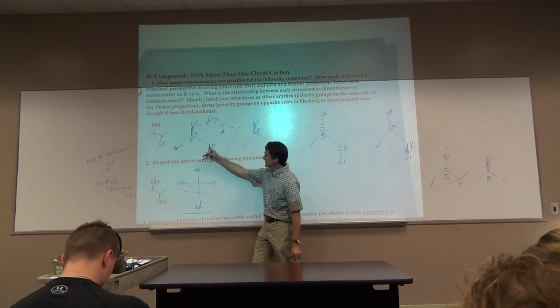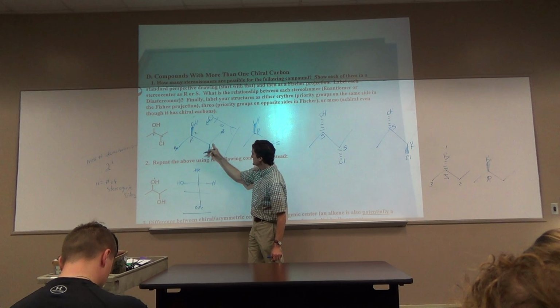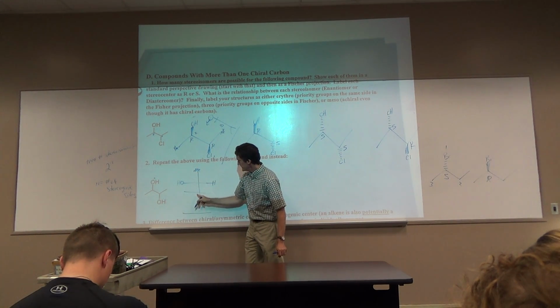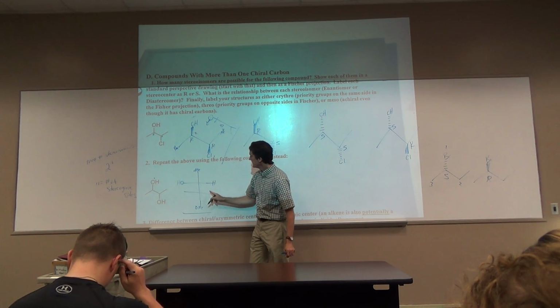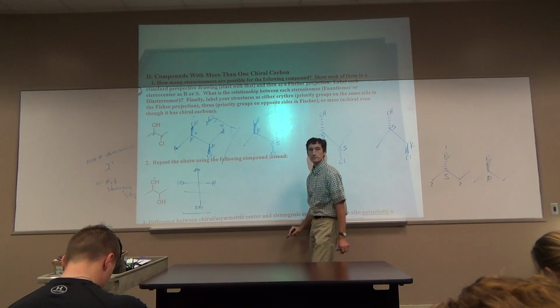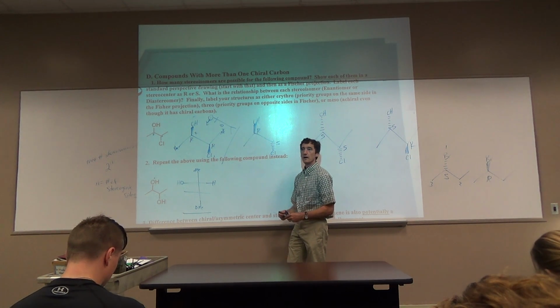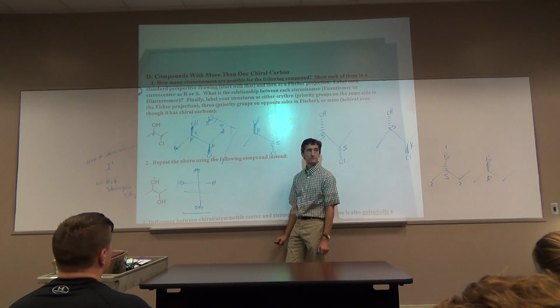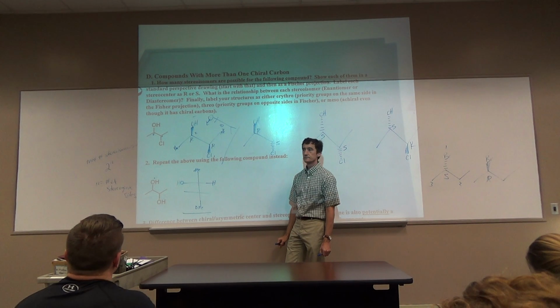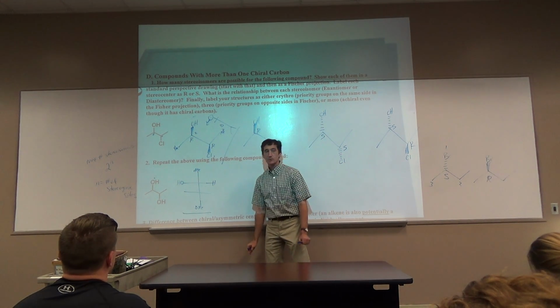Now let's move down to the second chiral carbon, which is A, B, C, D. C. A, B, C, D. This one. Got a chlorine. Which side's the chlorine on? Is the chlorine on the left?